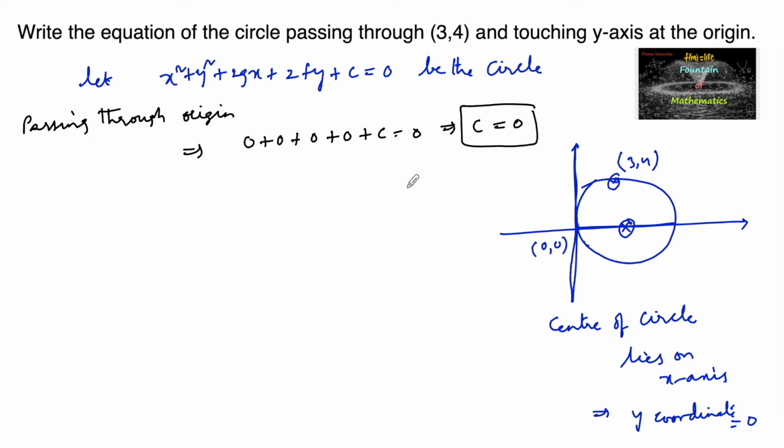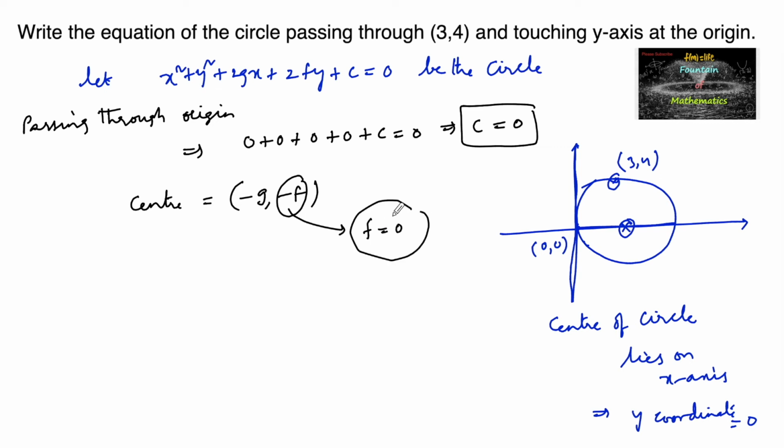If any circle is passing through the origin, its c will be 0. And also its center, whose y coordinate will be 0. The center of the circle in general form is minus g comma minus f, whose y coordinate is 0, so f is equal to 0. Substituting both c equal to 0 and f equal to 0, we will get x square plus y square plus 2gx is equal to 0 as the equation.